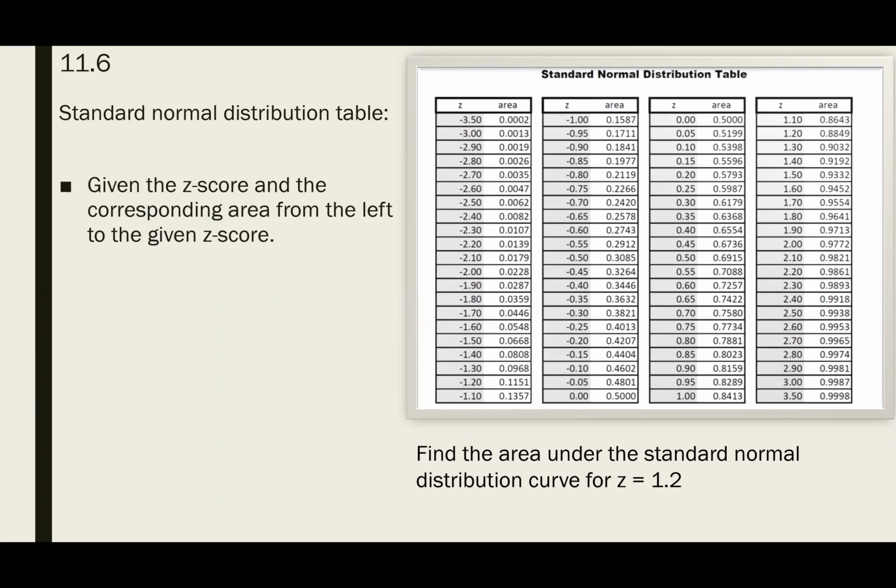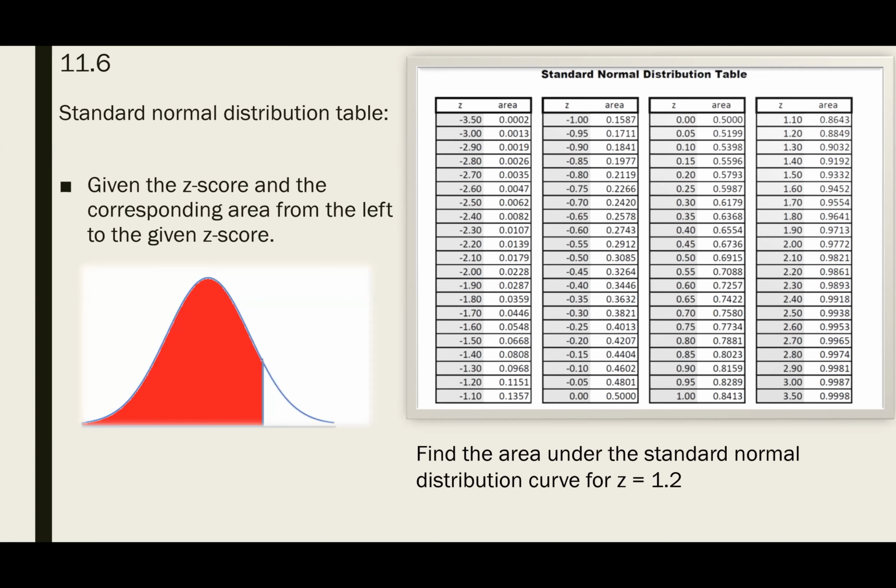So if you look at this, I will cover this and let you go after this. There are 3 questions that they can ask you related to this normal distribution table. The first item that they will ask you is to find the area to the left of the given z-score.